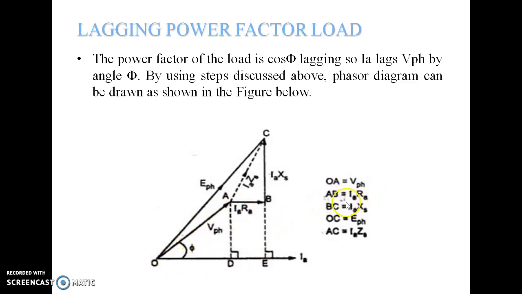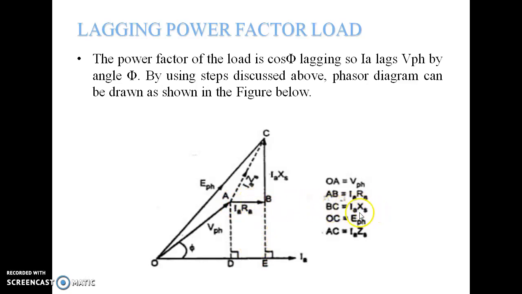Now, AB is IARA. You can see here. It will always be parallel to IA, as we have discussed. IARA will be parallel to IA and will start from the tip at which VPH is drawn. So, here we will draw IARA completely parallel to IA.